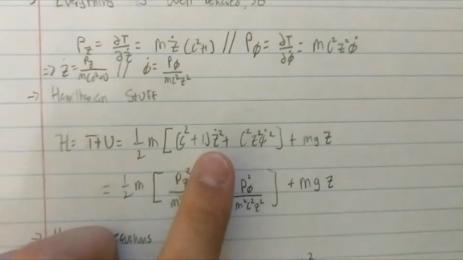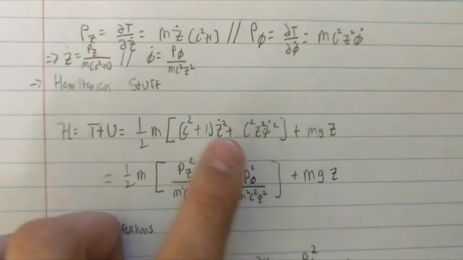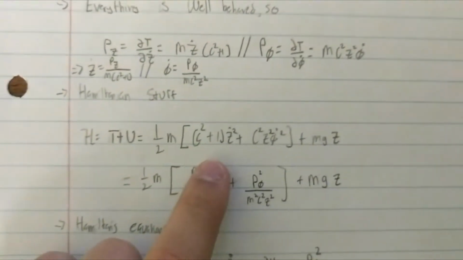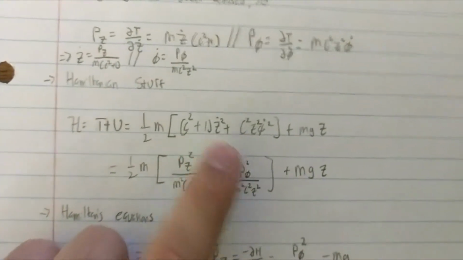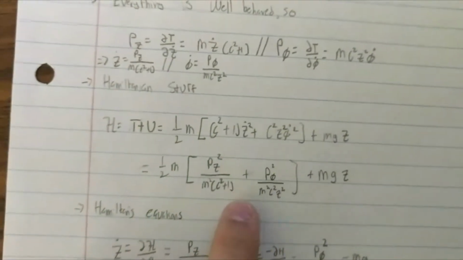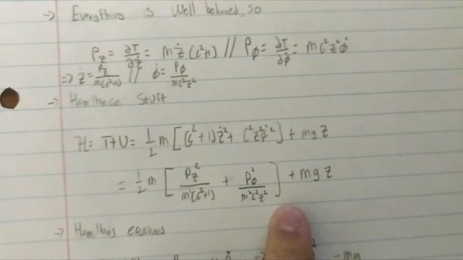First, I wrote it in z dot, phi dot, which is basically just adding together this equation and this equation. And then I subbed in values for z dot and phi dot using these values here. Plugged it in. This is the value for the Hamiltonian.